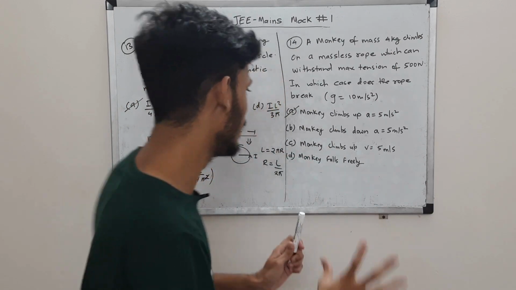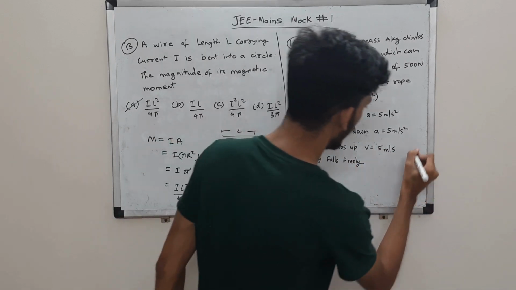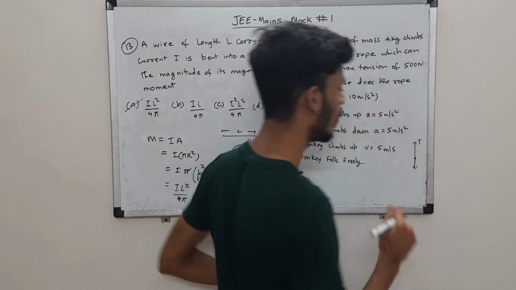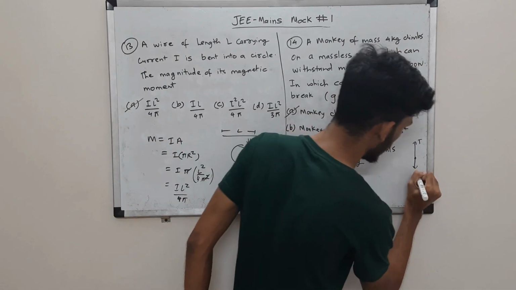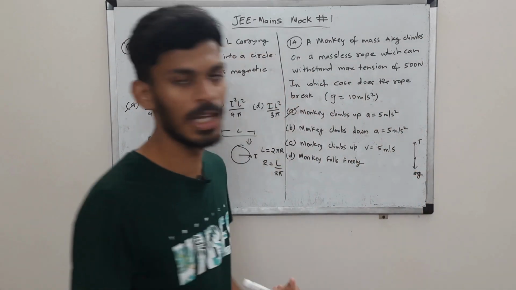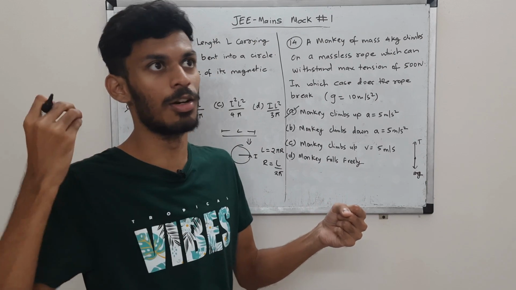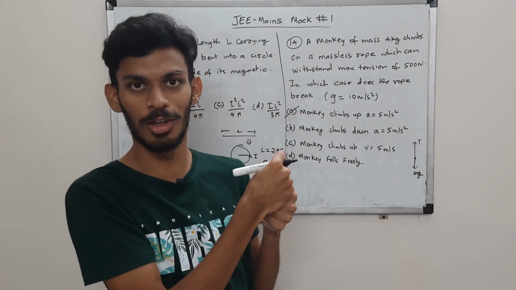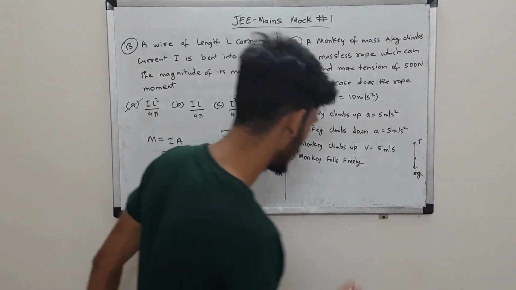But anyways, if you want to avoid the smart work and do it exactly, let's study the case when the monkey is just hanging over there. So in this case, T should be equal to mg, right? So let's see if the rope can support the monkey hanging on the rope. So T can support mg or not. Let us see that.